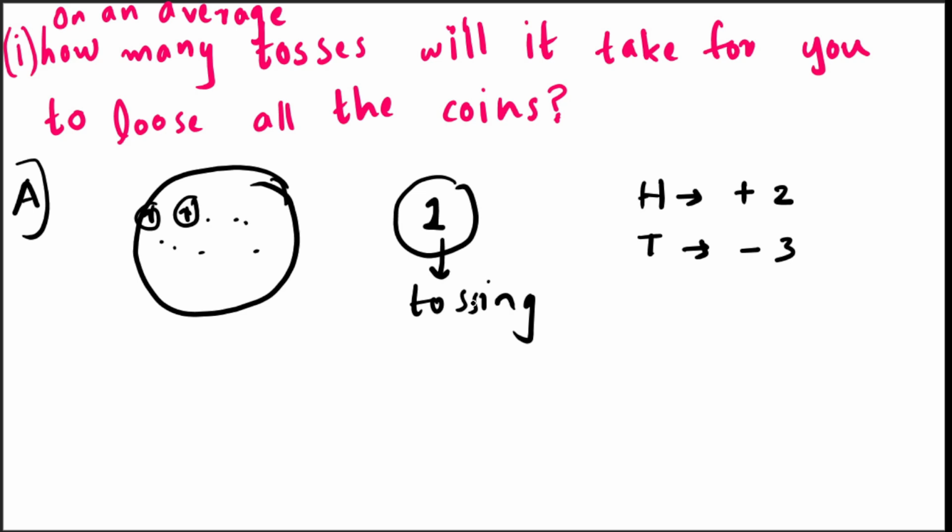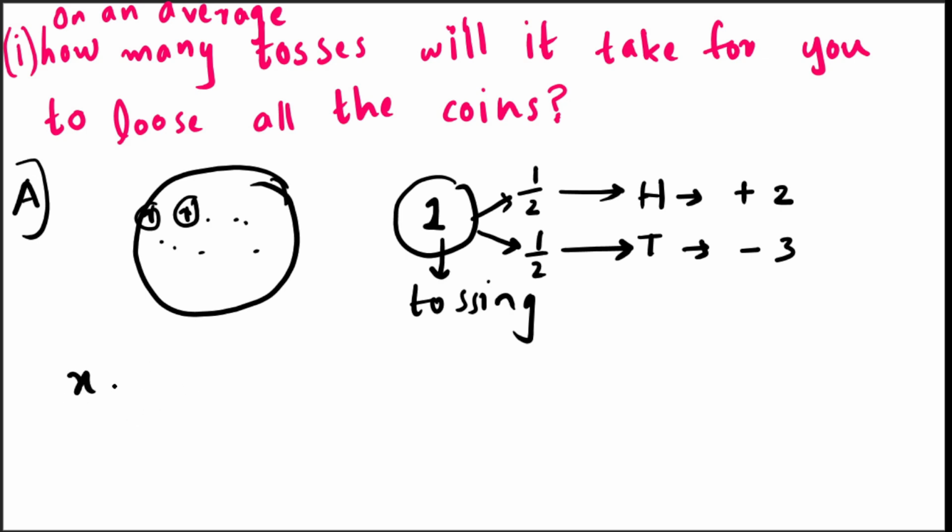We know that if we toss a coin, we have a half probability to get head and a half probability to get tail. What we have to find now is, effectively, the amount of money that we gain or lose per one toss.